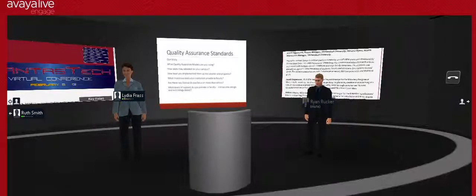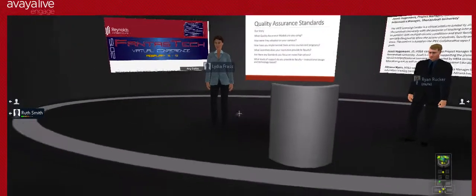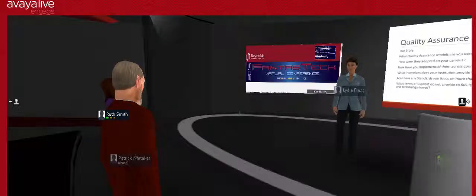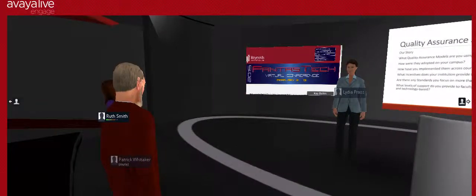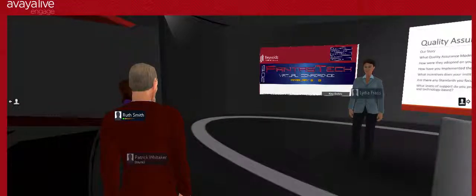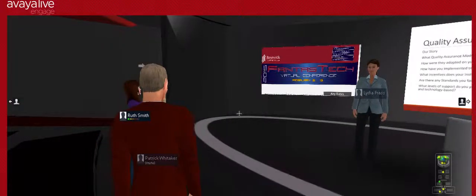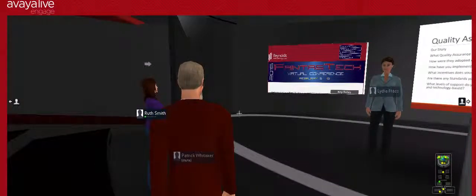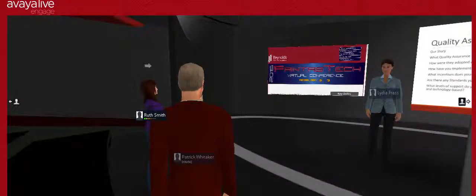Ruth. We use Quality Matters, but as a community college, we're focusing on forming communities of learners and including the students, and lots of interaction between the faculty and the students. Otherwise, we tend to lose them.